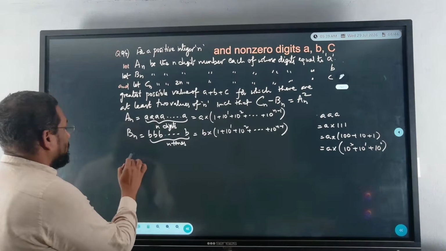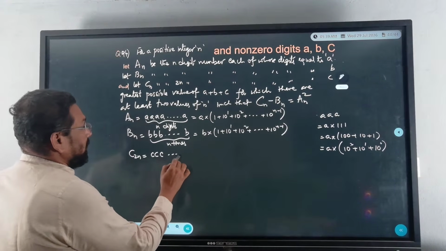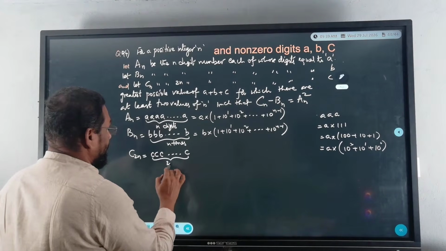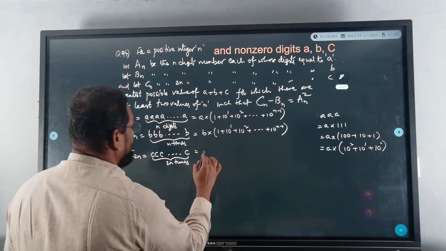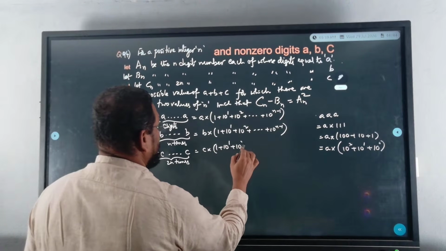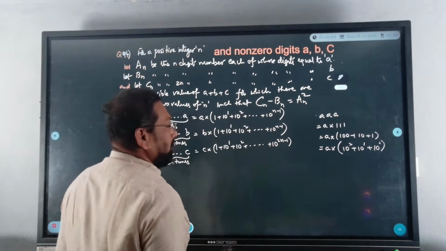Like that, c2n has 2n times, so c into 1 plus 10 power 1 plus 10 square plus and so on plus 10 power 2n minus 1.